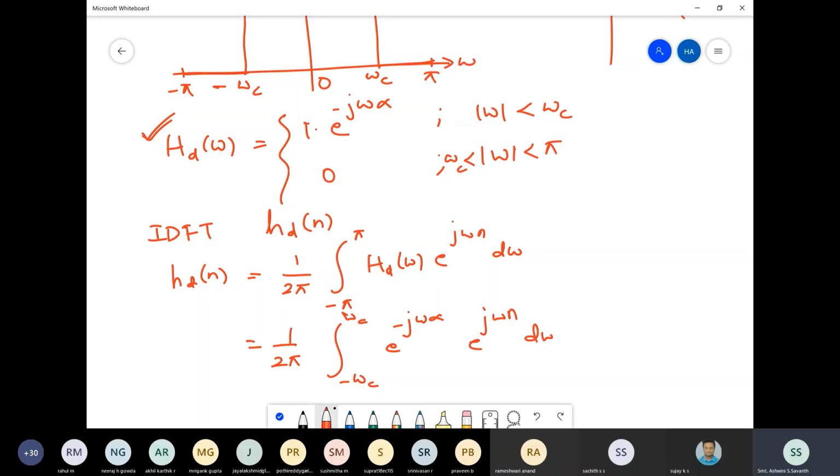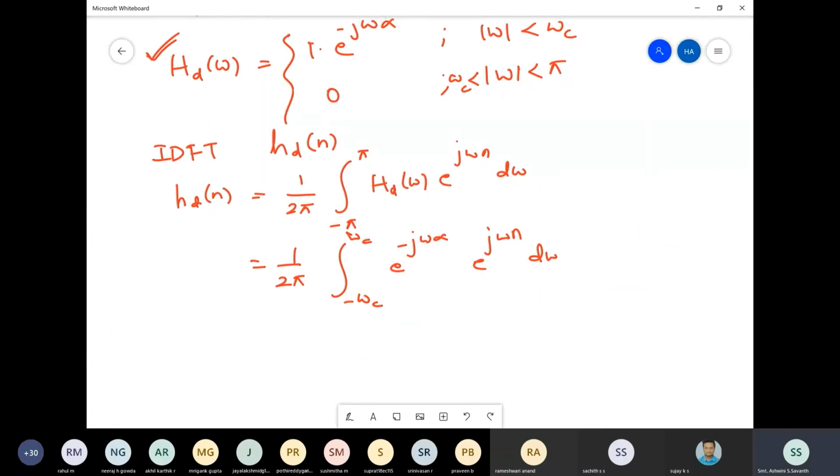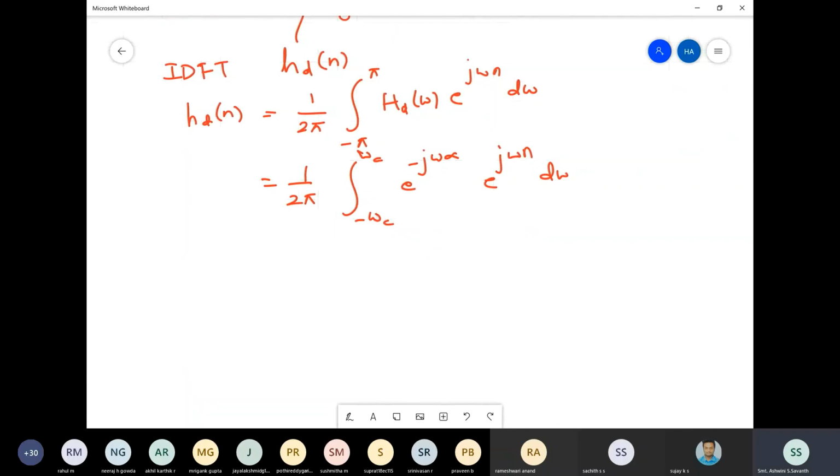So let's integrate this. Let's combine both the exponentials and integrate at the same time.